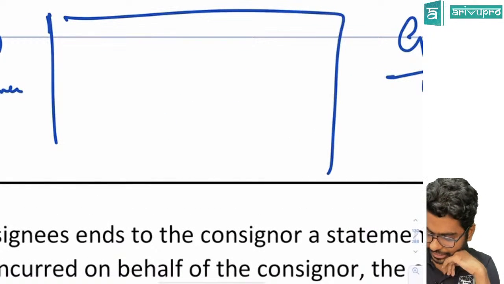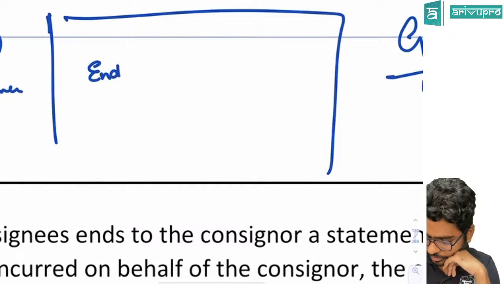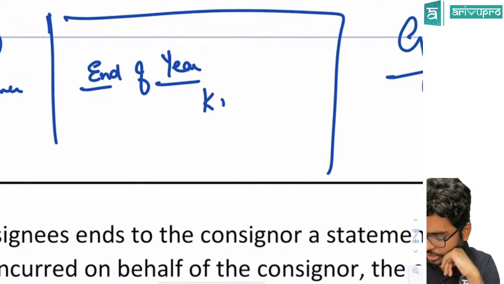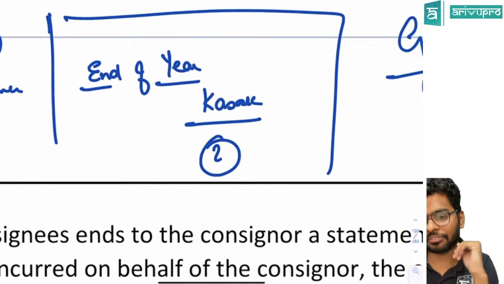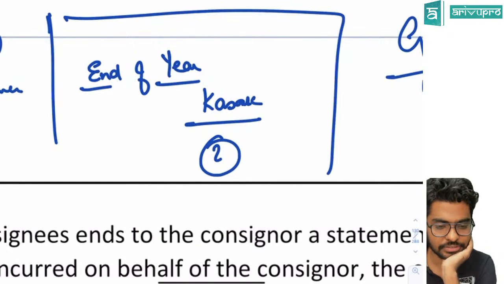Now let's say for an example, I send goods. At the end of the year, the goods are with Kasak. In whose books shall we record this?